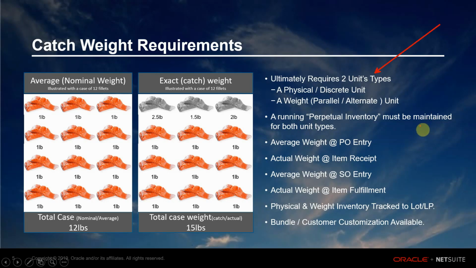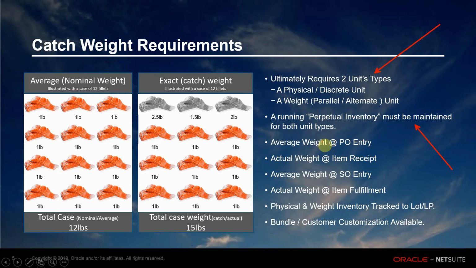We're going to make sure that all of the inventory is maintained in both of those unit types. Therefore, you have your physical weight and your purchasing unit that's going to define and give you that math, the weight times the actual pound and what that cost is going to be per pound.